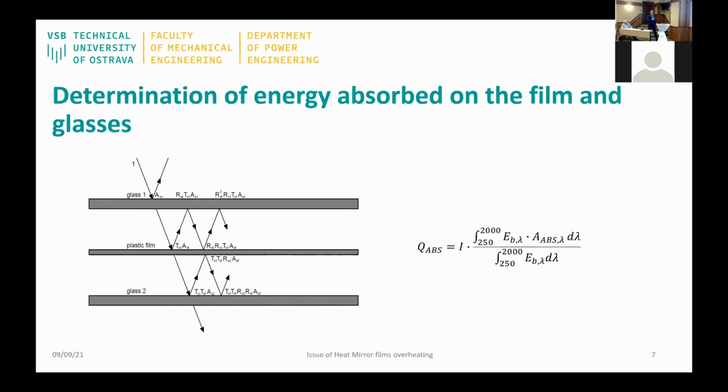And when we integrate over all wavelengths, we get the total absorbed energy on the surfaces. You can see that I consider only a black body source, so I didn't consider atmospheric attenuation. This is a little bit of simplification, but not so significant.